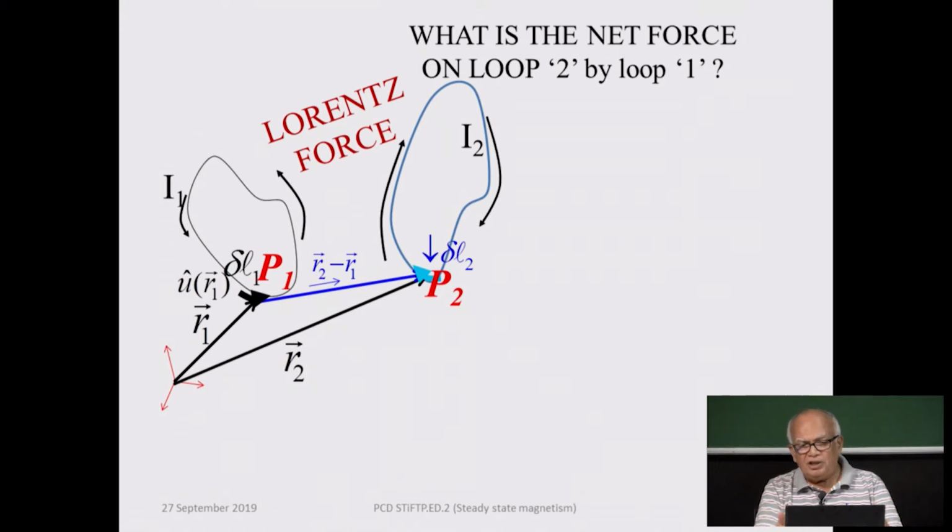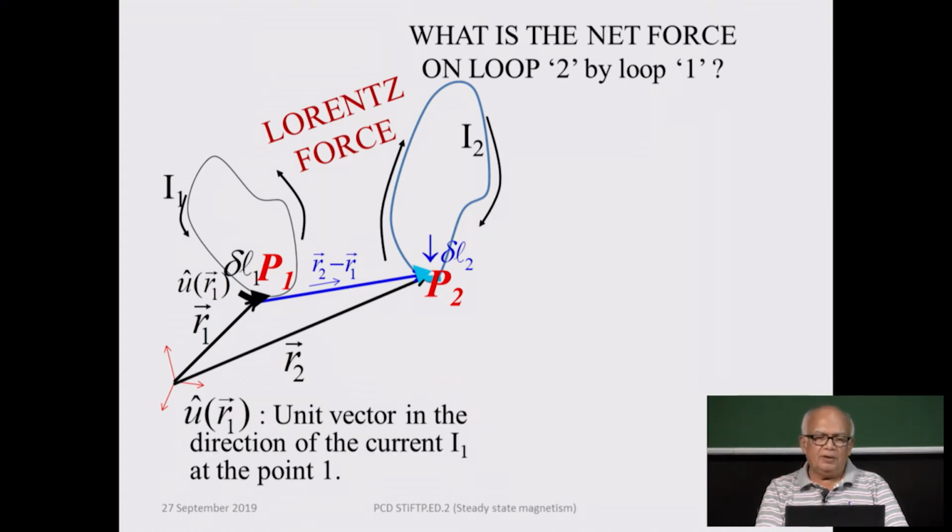And the origin of this force is nothing but the Lorentz force. It is because you have charges in motion. So, Q into V cross B is what is responsible for this force, and this force you can now estimate using the Lorentz force law. So, how do you do that?